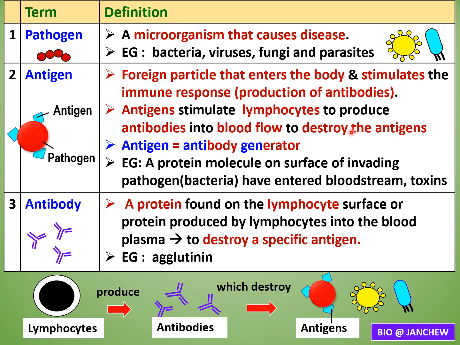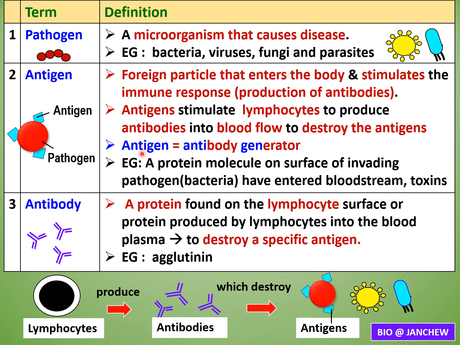The defense mechanism is always on the lookout for these antigens. Once they detect and recognize an antigen in the body, they will start to take action, and the lymphocytes will start to produce antibodies to destroy the antigens.